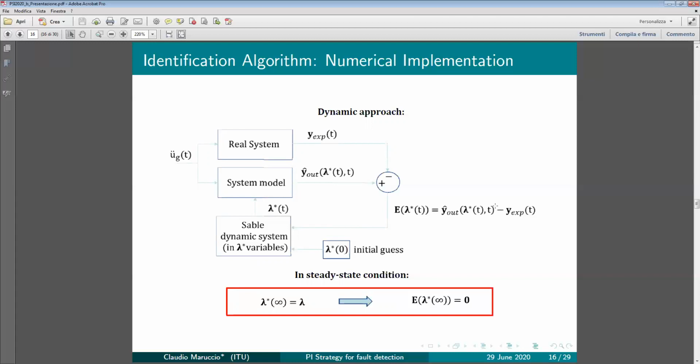It means that lambda star, as time goes to infinity, will reach the unknown set lambda, such that the error, that is a function at each time instant of lambda star, will go to 0.